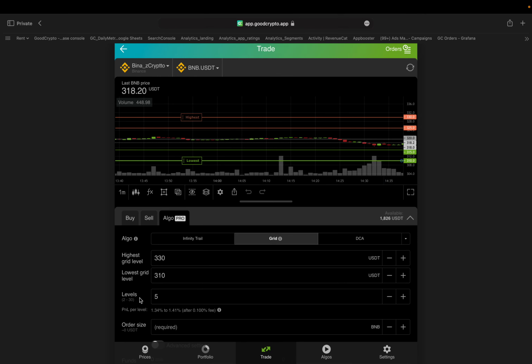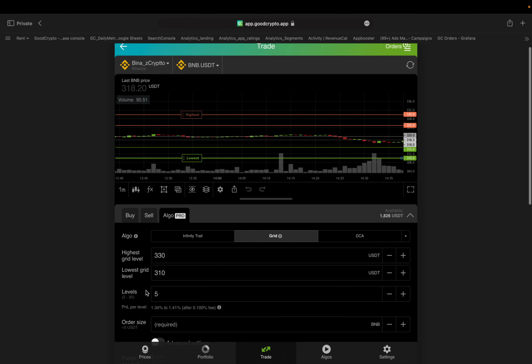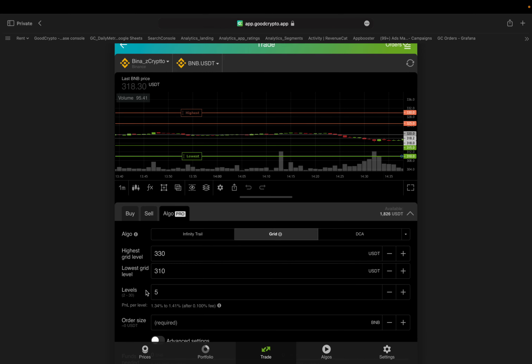The reason for that is a topic of separate discussion, but it has to do with rate limits. Unfortunately, Binance's API is not that robust and doesn't give us the ability to let you trade with more than 30 levels on the spot instruments. But even 30 levels is more than enough for most situations. For 99% of the time, that's more than enough.